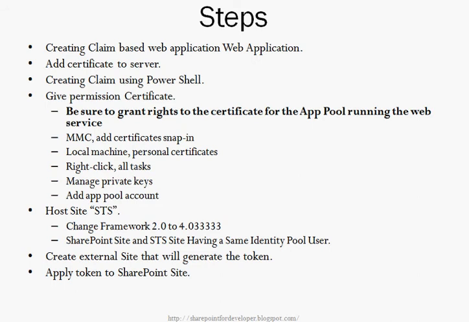Then creating an external site: we create the external site that will generate the token, and finally we apply the token to the SharePoint site. Later I will show how we can do this.